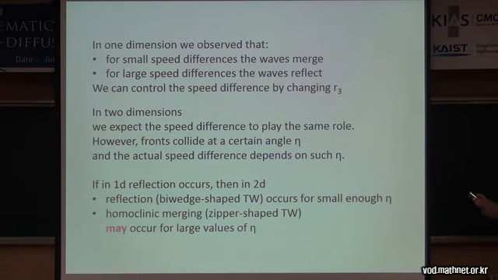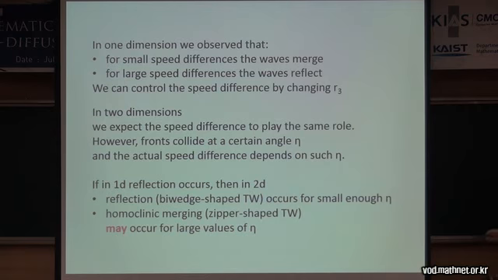So as I told you, in one dimension, the speed difference regulates the type of interaction. So small speed differences means merging, and large speed differences means reflection. And this speed can be only controlled by changing R3. However, in two dimensions, we can also control the angle eta. And for bigger values of eta, the actual speed between the fronts is reduced because of geometrical reasons.